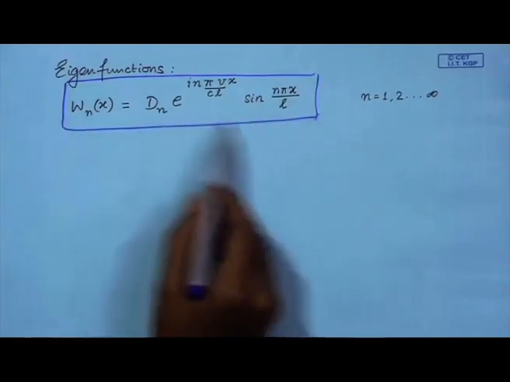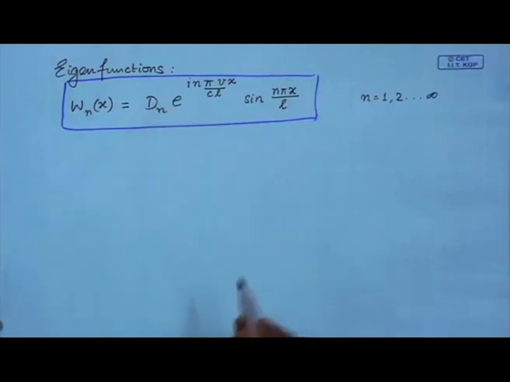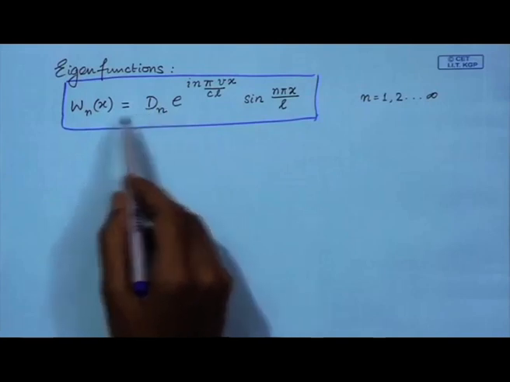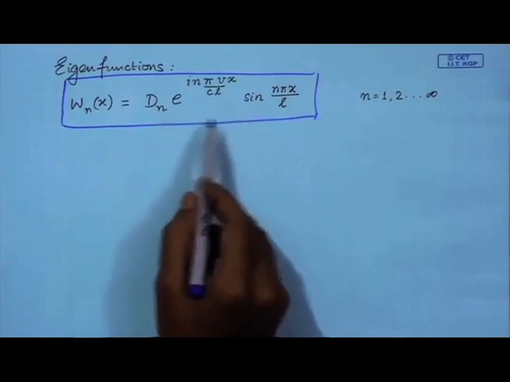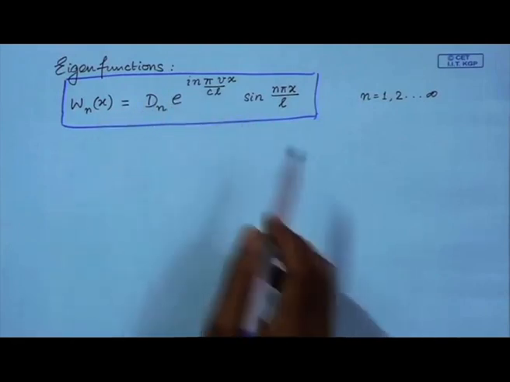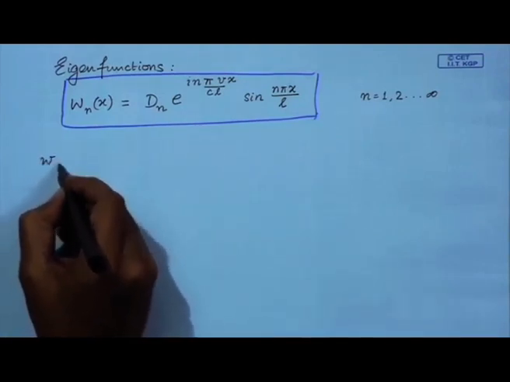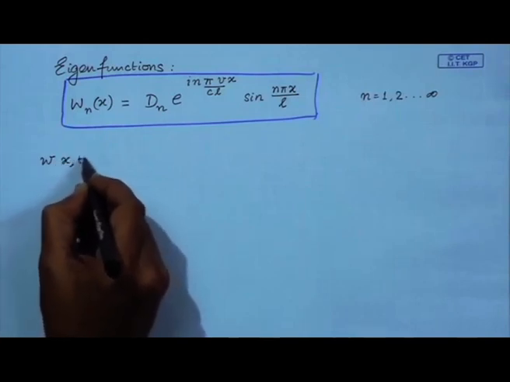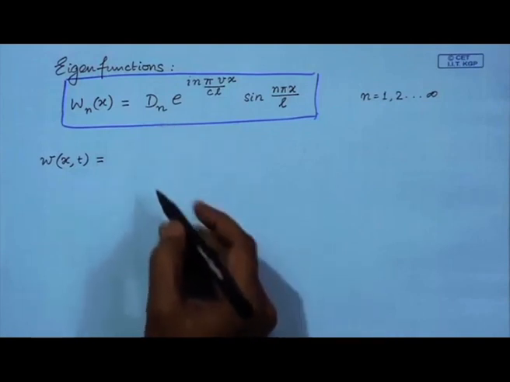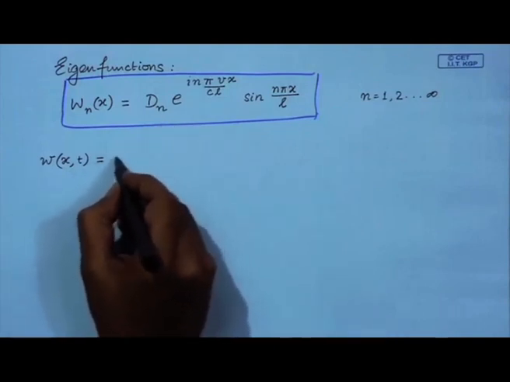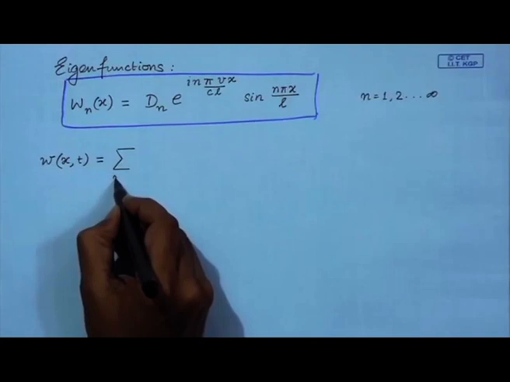Now, you can immediately see that this is complex. Here d is an arbitrary constant which can be used to normalize the eigen functions. So, you see that these eigen functions are all complex. Therefore, we can now write down our general solution using these eigen functions, linearly combining.